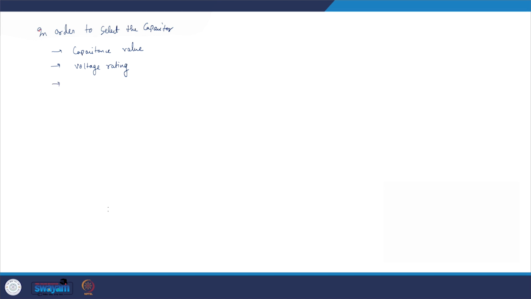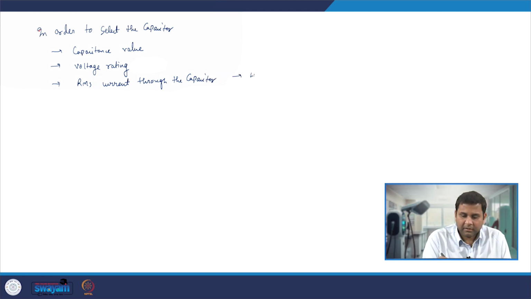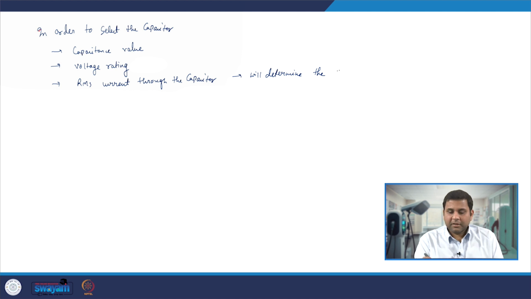And more importantly, we also need to know the RMS current through the capacitor, because this RMS current will determine the parallel connection in the capacitor bank.